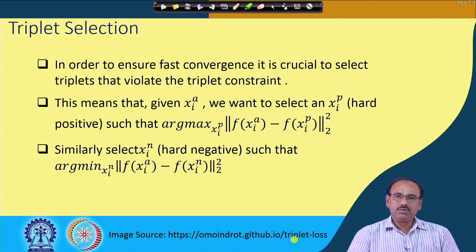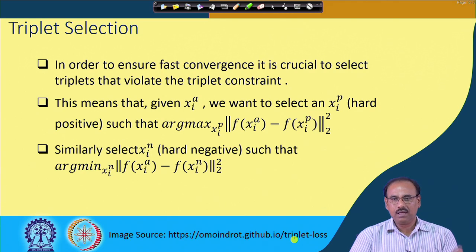In many cases, instead of trying to find the hardest negative sample, you try to find a semi-hard negative sample that just satisfies that the distance between the anchor and the positive sample is just less than the distance between the anchor and the negative sample, and you forget about the margin that we discussed earlier.